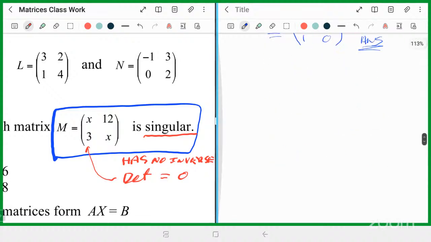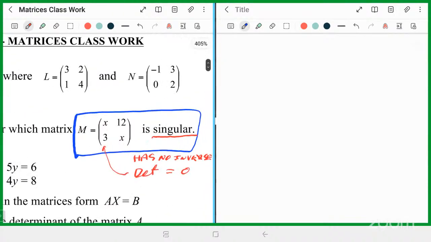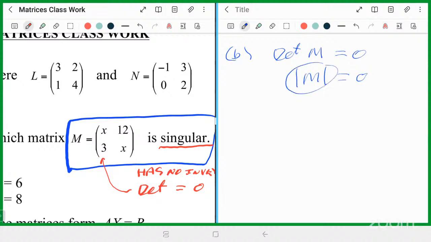All right, so let's set it over here now. This is part B of this first question. So we know that the determinant of the matrix M is equal to 0. Determinant can also be written like this. This is another way of writing the determinant. But the determinant of M is equal to 0. So what is the determinant?